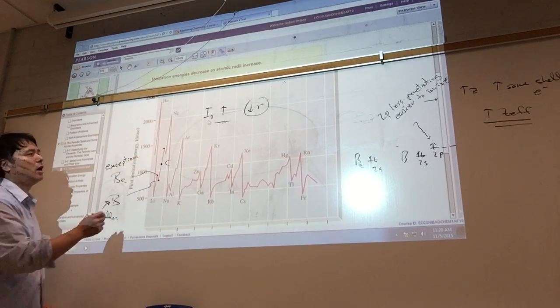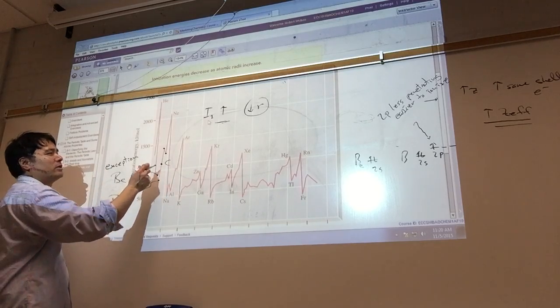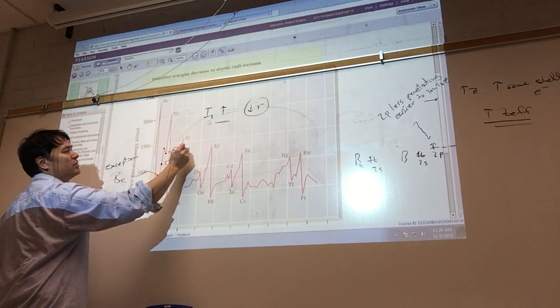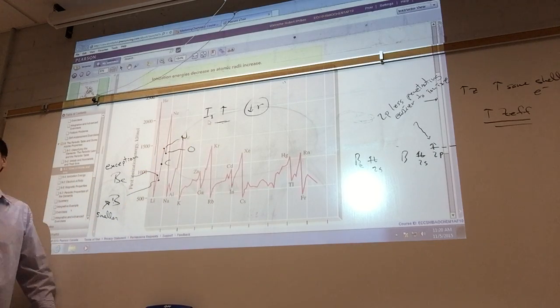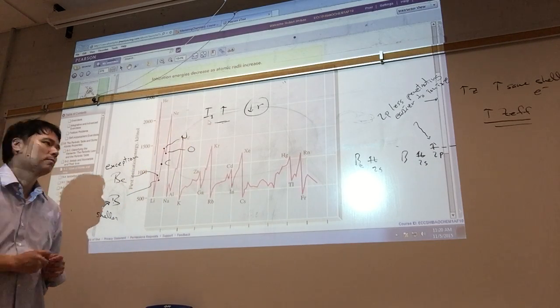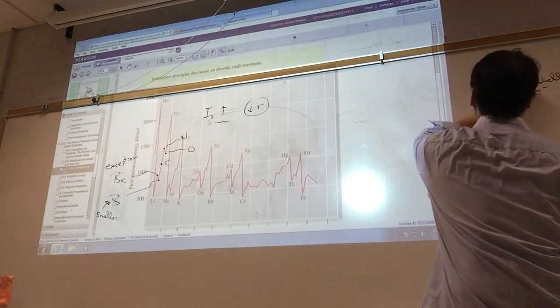But when we go to oxygen, again, what's oxygen versus nitrogen? Oxygen is smaller than nitrogen. Why is oxygen easier to ionize than nitrogen?